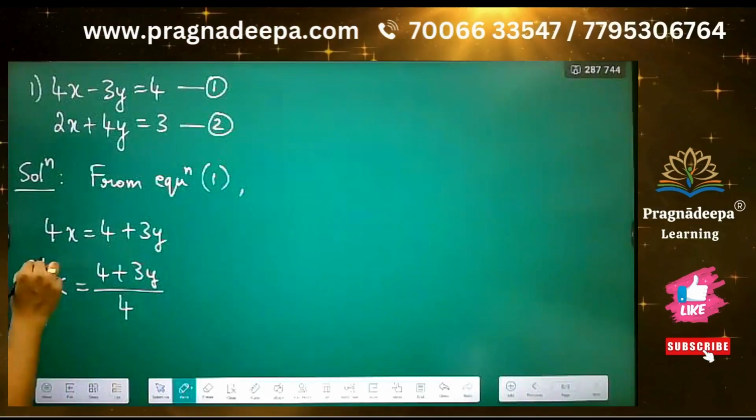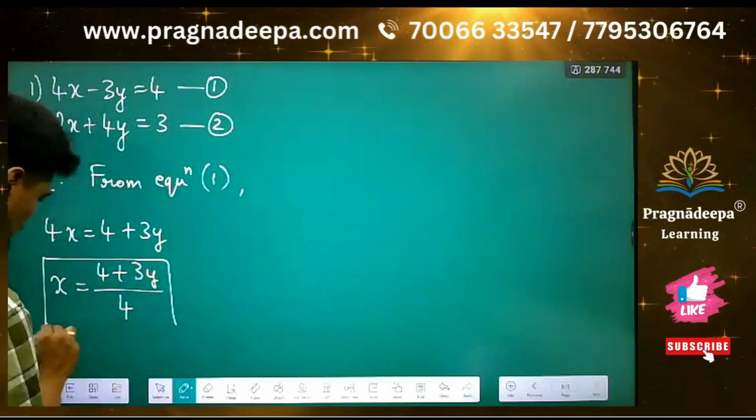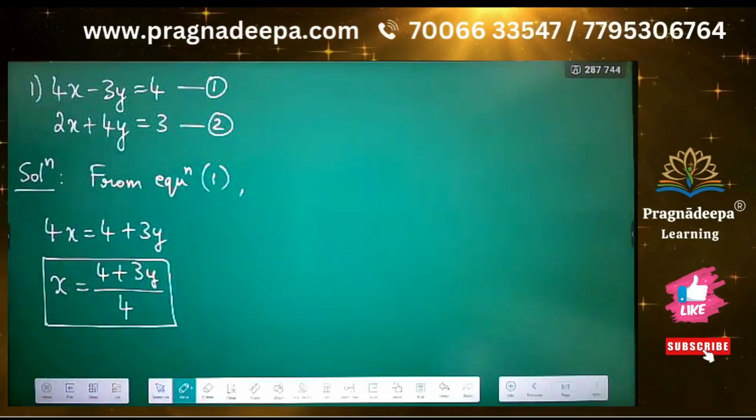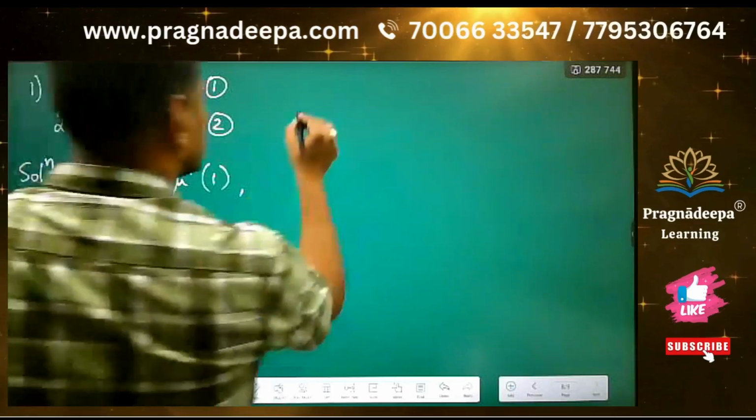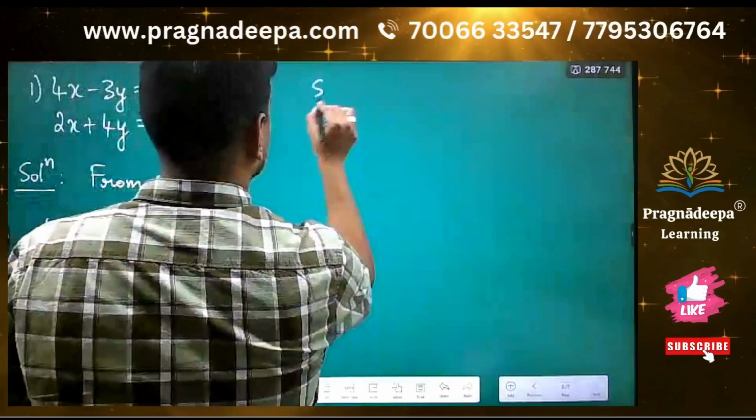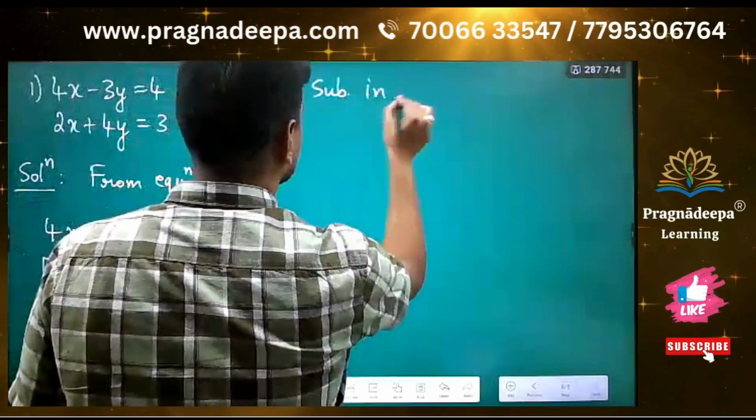So this is important, students. For this problem, this is the substitution. If you say, no sir, I will find y from this, or find x from this, that is also okay. There is no rule that you should use this. Now what we have to do, you have to substitute that in equation number 2.